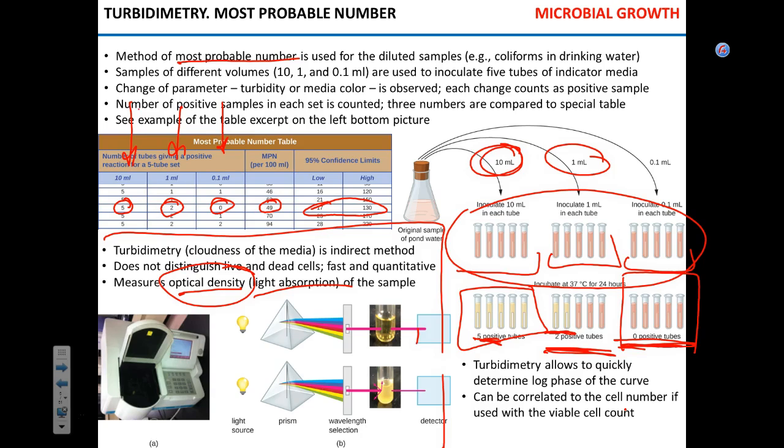Strictly 49. So having 49 has the highest probability. Does that make sense? We take any 100 milliliters of that water, that sample. There's a very high chance, the highest chance, to have 49 cells in this 100 milliliters.